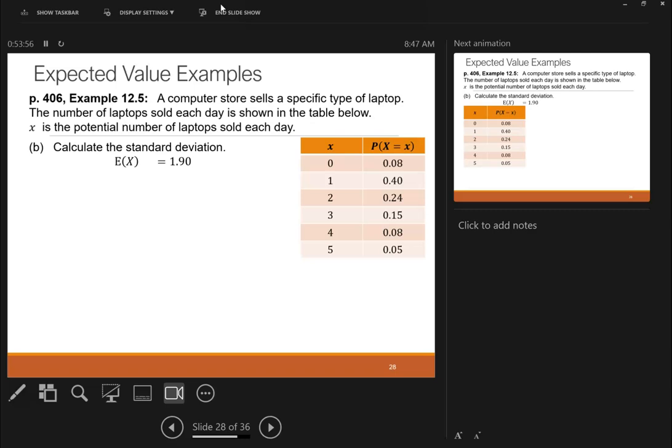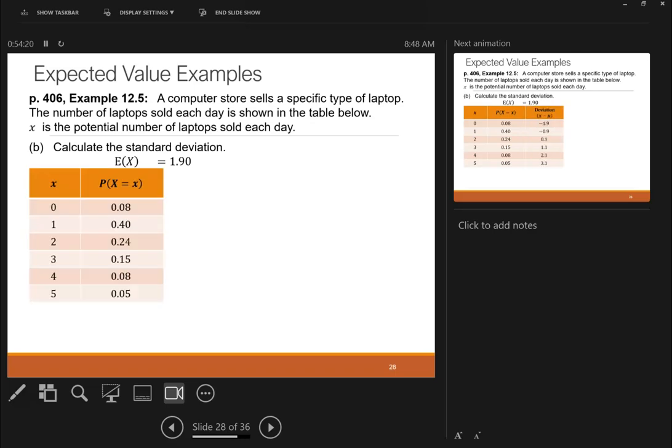So if I want now the standard deviation, the first thing I'm going to do is remember what my expected value is. So the standard deviation is the square root of the variance. And to calculate the variance, I'm going to do outcome minus expectation squared times probability of outcome, and then add that up for all possible outcomes. So again, if I do my little table, outcome minus expectation: 0 minus 1.9, 1 minus 1.9, 2 minus 1.9, et cetera.